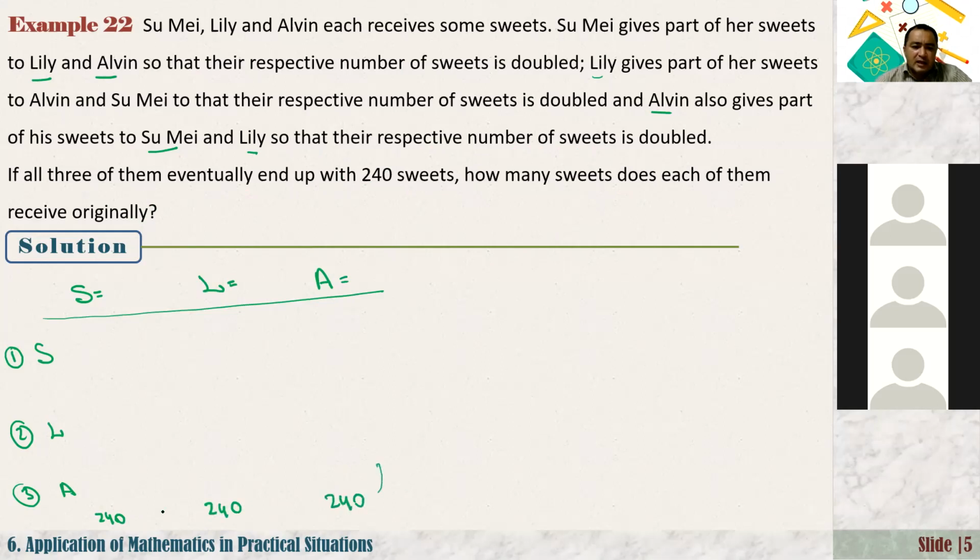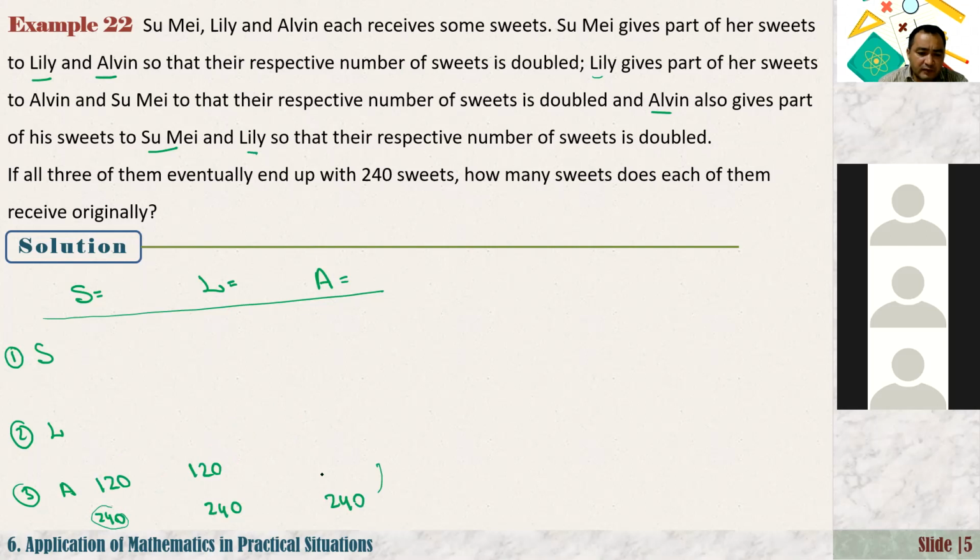I think, guys, you didn't understand the question well. In the third step, Alvin gives some to Sume and Lily so that their respective numbers are doubled. Before this, Sume had 120 and Lily had 120.